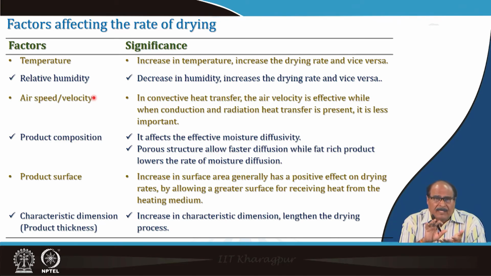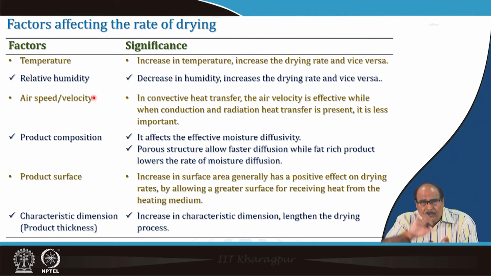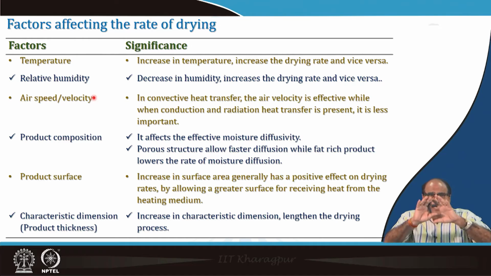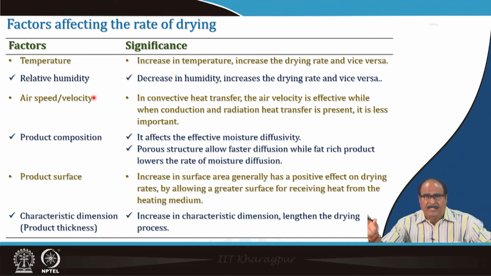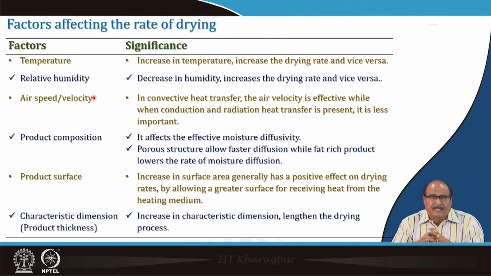For example, product composition affects moisture diffusibility: a porous structure allows faster diffusion, while a fat rich product lowers the rate of moisture diffusion. For product surface, the higher the surface area, the higher the rate of drying.